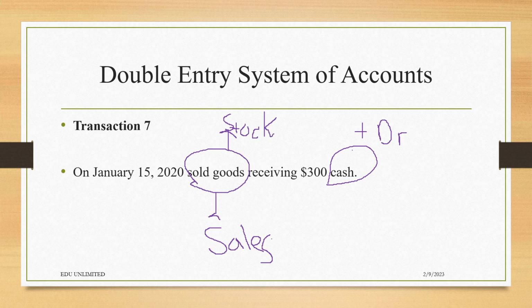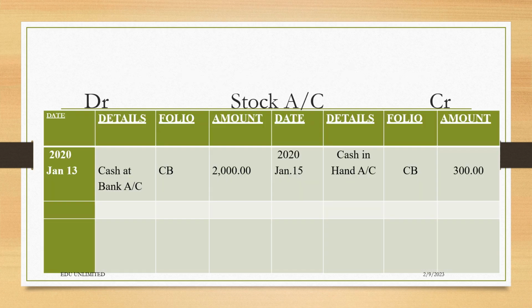So our next step is to look at the actual accounts. So in the stock account, it's two entries. On January 13, on the debit side, cash at bank, $2,000, the folio being CB. But on the credit side, because the stock account is now being decreased, we credit the account because it is an asset account. To credit an asset, to decrease an asset, we credit.